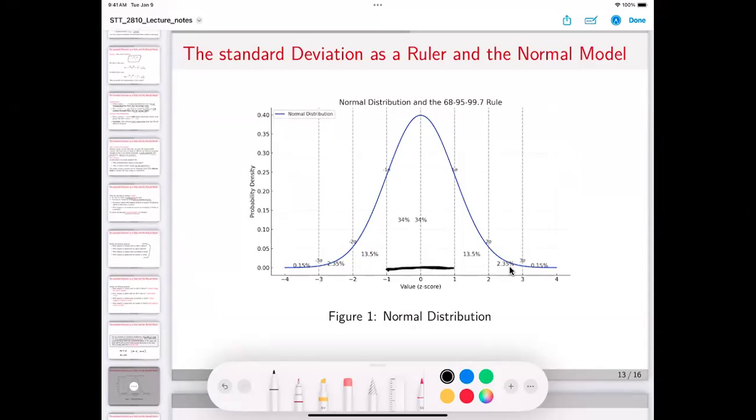So here you can see that the mean is 0. Remember, the mean is the center. Is that okay? So you can see here that the mean is 0. And so here is 34% plus 34%. That is 68%. Does that make sense? To two standard deviations, we are talking about this range.